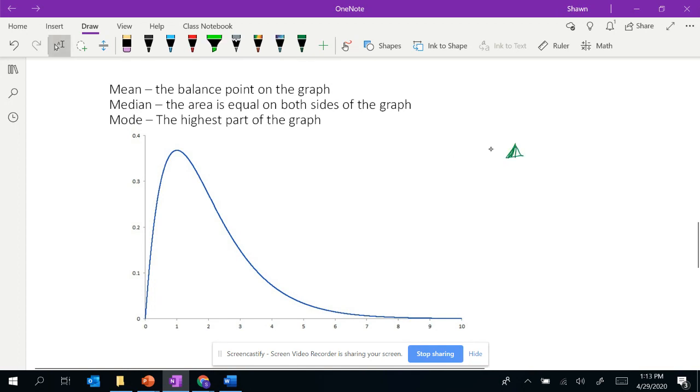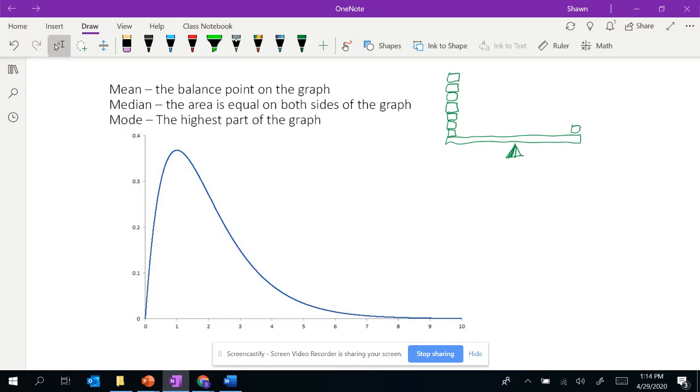Okay, so here's your teeter-totter. Now imagine you had lots and lots of objects right here, and then on this side you'd only have one.